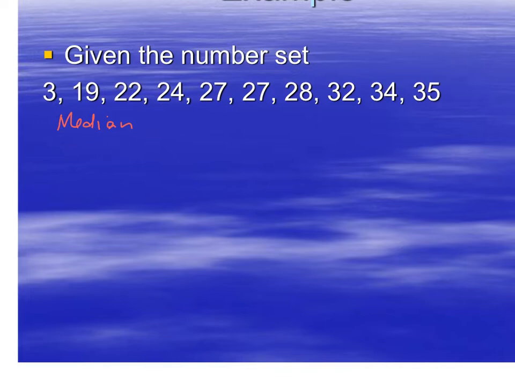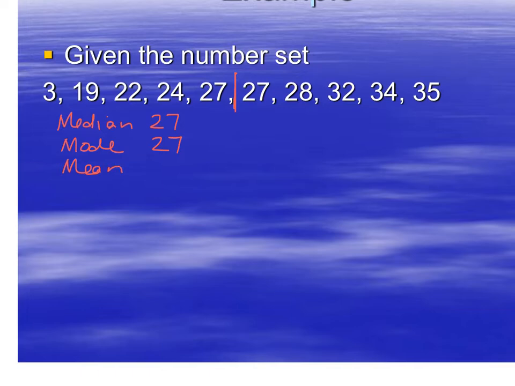There are 10 numbers, so the median would be the average of these two. They're both 27, so your median would be 27. Your mode, the one that occurs most often. In this case, 27 is counted twice, so that would be your mode.